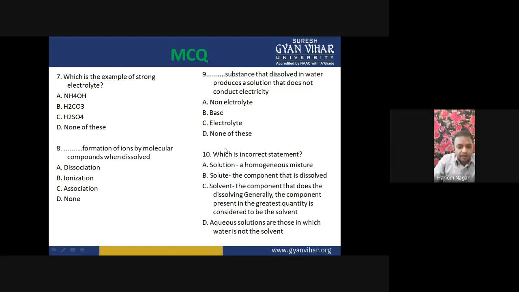Non-electrolyte, base, electrolyte, none of these. A base may be an electrolyte, and an electrolyte also conducts electricity. So what would not conduct electricity? A non-electrolytic solution, or the non-electrolyte substance.